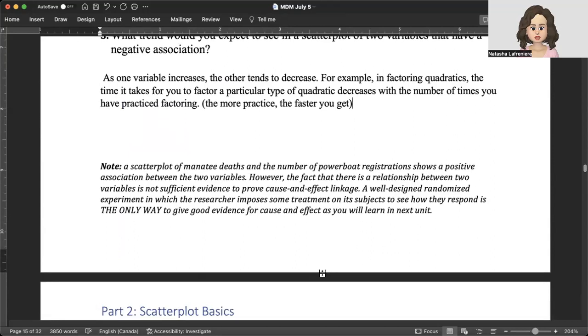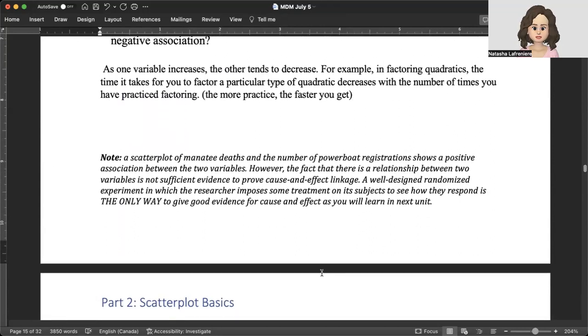So just as a note, a scatter plot of manatee deaths and the number of powerboat registrations shows a positive association between the 2 variables. However, the fact that there is a relationship between two variables is not sufficient evidence to prove a cause and effect linkage. It doesn't mean that if you don't register your powerboat, you're going to go on the lake and kill a manatee, right?